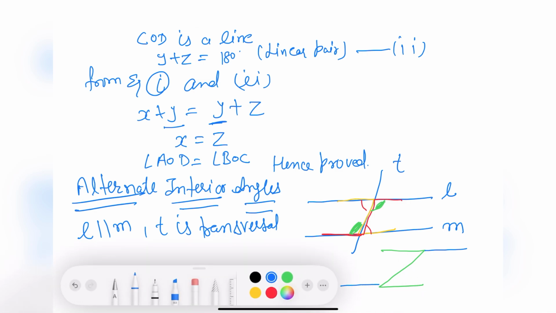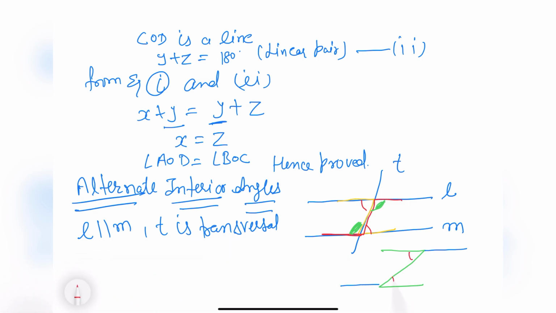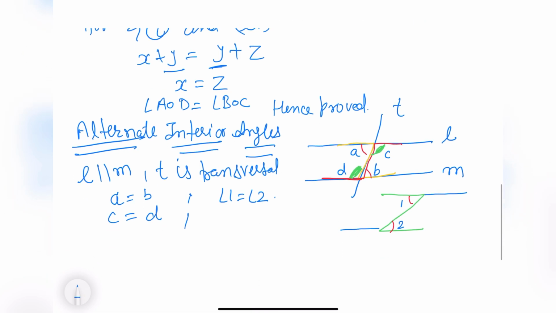So the angles we got inside it are known as alternate interior angles, and these angles are equal, like A, B, C, D, or you can take them by numbers. So A is equal to B and C is equal to D, or you can say that angle 1 is equal to angle 2. These are alternate interior angles. We can use these angles in our exercise to solve the questions.